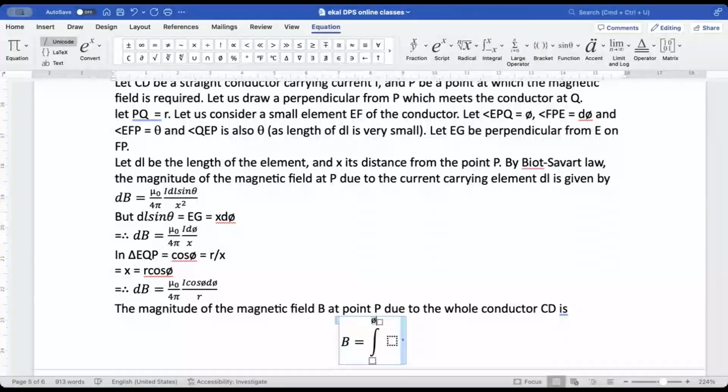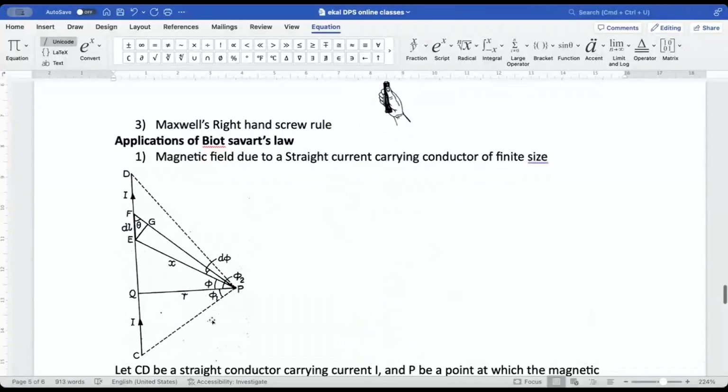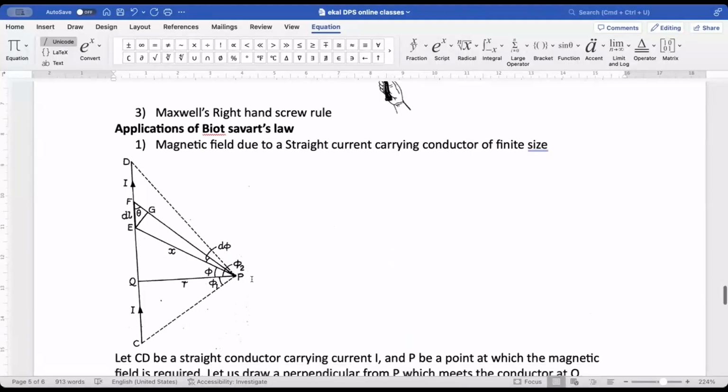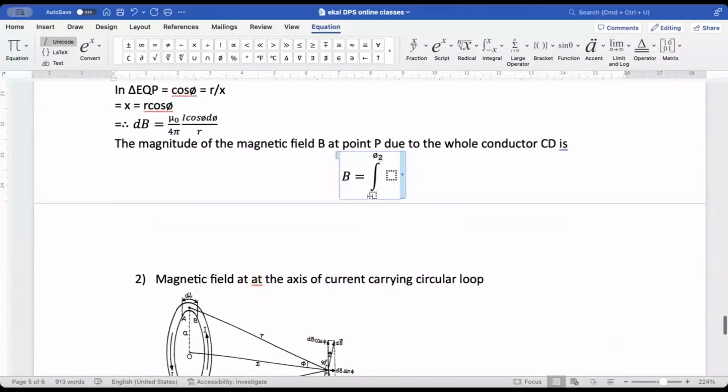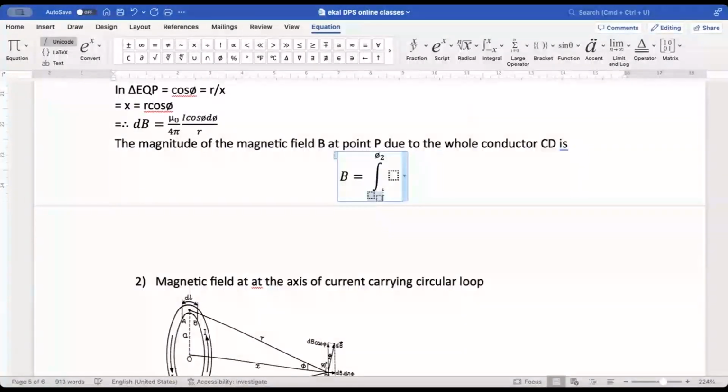This is phi 1. Phi 1 is on the negative side and phi 2 is on the positive side. So we'll take minus phi 1 to plus phi 2. So the lower limit will be minus phi 1 to phi 2.